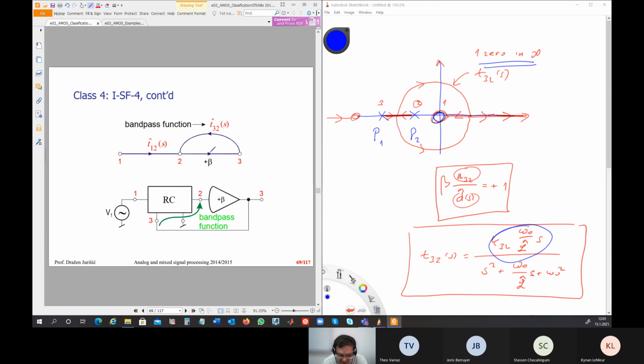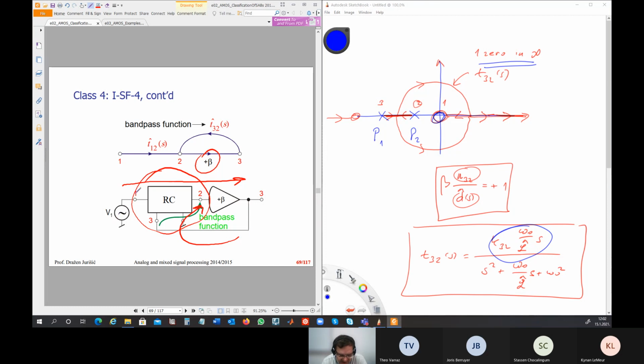So because of positive feedback, here we will have a bandpass function, and this flow of the signal will determine the look of the transfer function at all. So the whole function. Okay, so if you remember, we started in the beginning of our lecture today with such a general RC network which has two inputs.